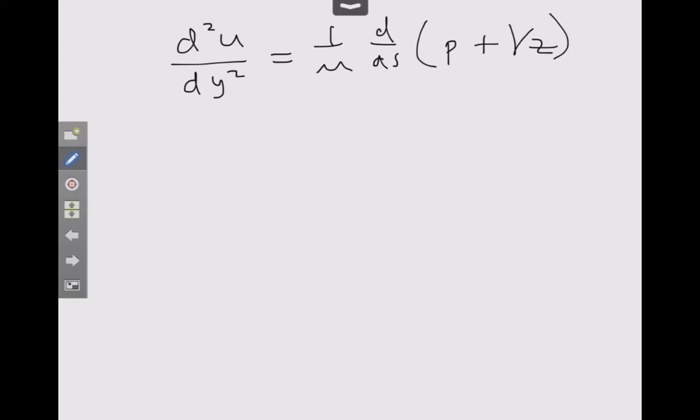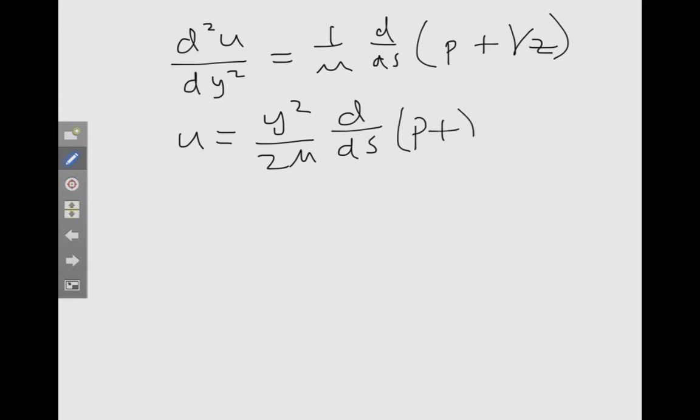And if we integrate this twice, knowing that it's steady and uniform, so these properties on the right-hand side need to stay constant, then very similarly to what we did before, we end up with a y squared term, and we get a 1/2 out of it too, so we have 1/2 y squared times everything else on the right-hand side, p plus gamma z, and we have the terms that we had before from the integration when we had just 0. So we still have two constants to determine using the two boundary conditions.